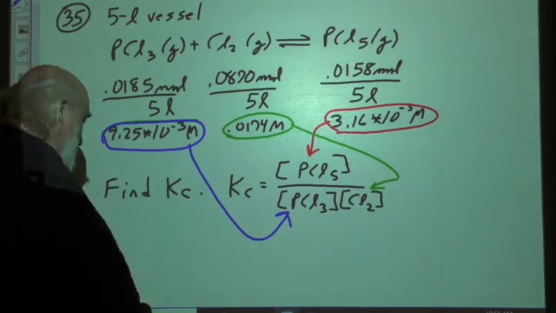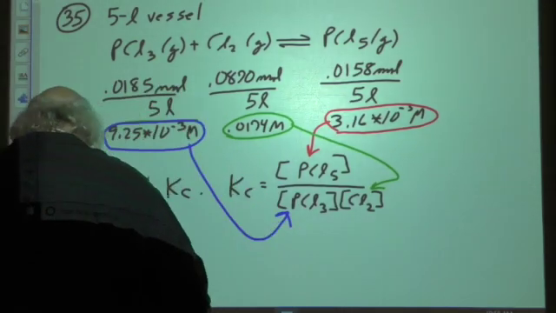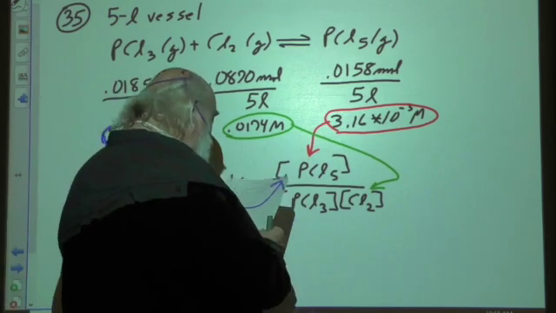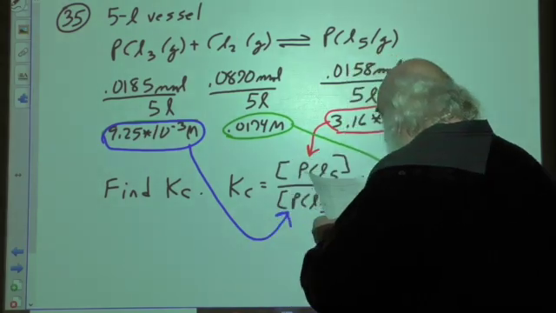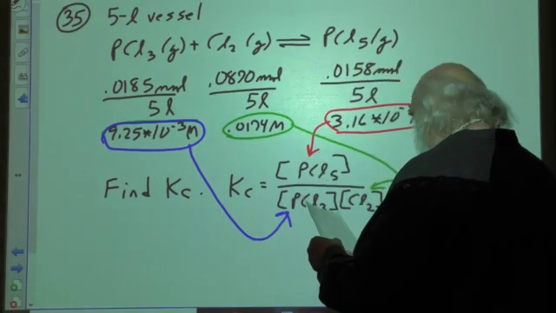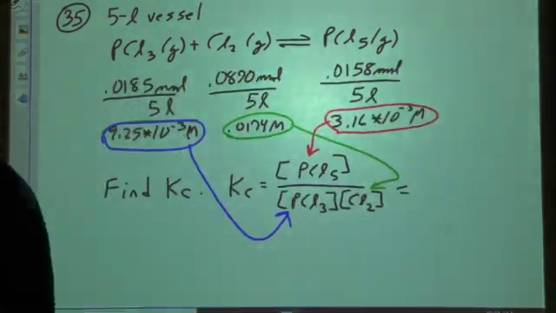All right, so we plug in those numbers there, and our calculator gives us a value. Looks like we haven't done this one here, so let's do it real quick.